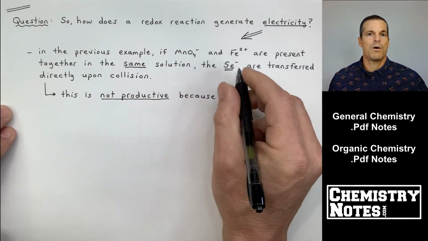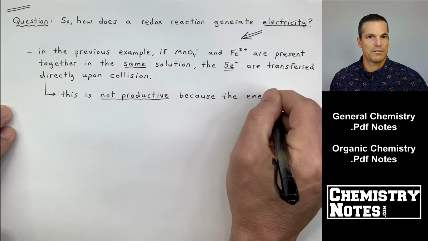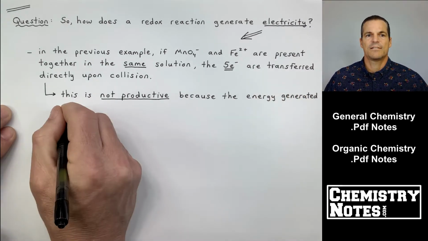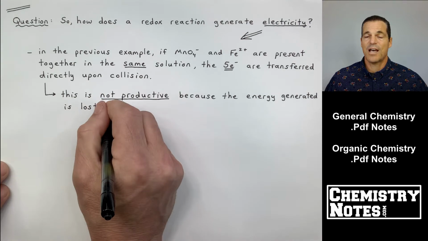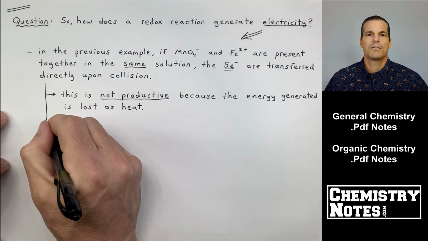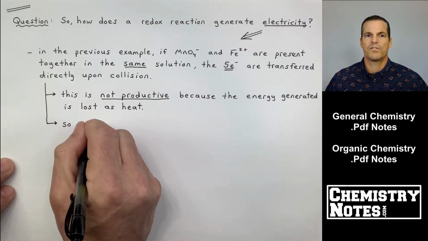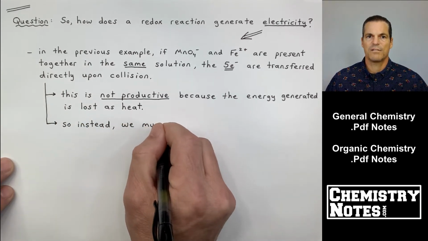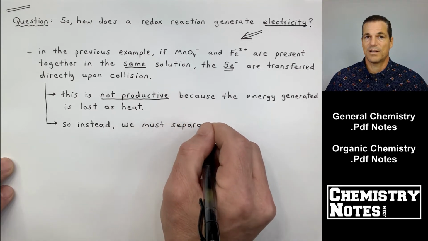We want to somehow harness that 5 electron transfer. As the bullet point says, this is not productive because the energy generated is lost as heat.